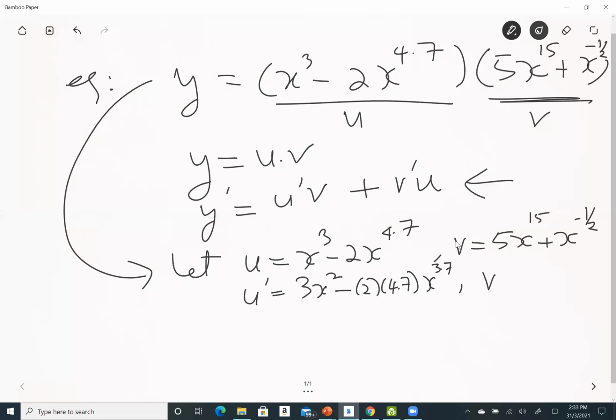And then v prime is equal to 5 times 15, x to the power of 14, minus, because it's a negative half. I can put the plus sign first. You got negative half, x to the power of 1/2 minus 1, so that becomes negative 3/2.